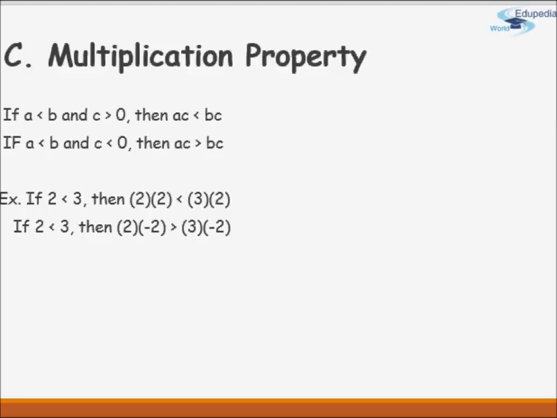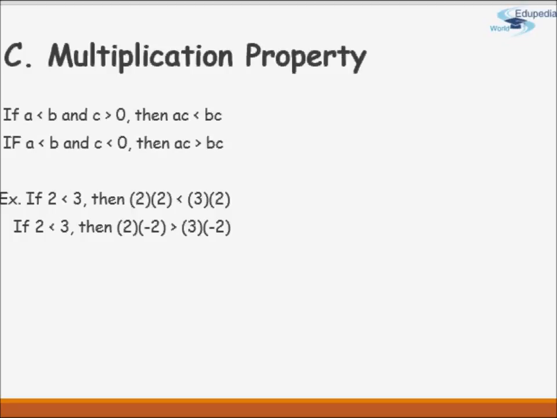If c is a positive number, the same change is going to take place on both sides. Since both the sides are going to go through the same change, that is being multiplied by a positive real number, that is c, the symbol is not going to change. If you look at the example over here, if 2 is less than 3 and let's just say c is 2, the first thing that we have to see for this property is whether c is greater than 0 or less than 0.